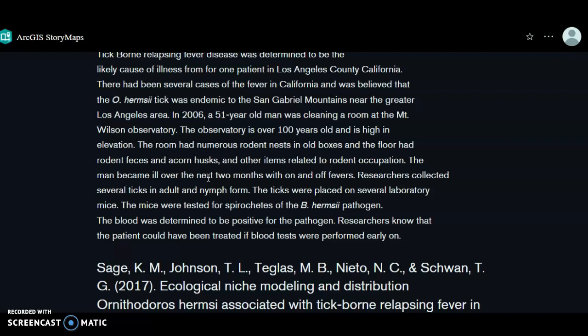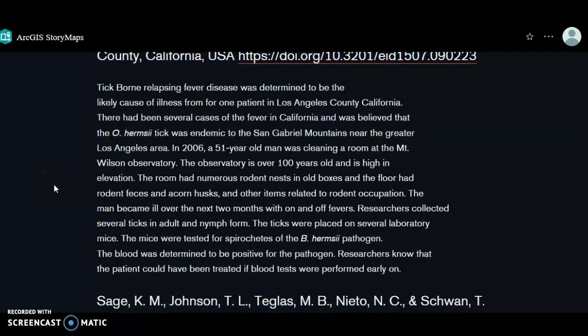And it wasn't until later researchers tested that observatory and found all these ticks in there that were positive with the pathogen of the Borrelia hermsi. Had the patient or the doctor tested for this, he probably could have gotten over the fever much quicker.